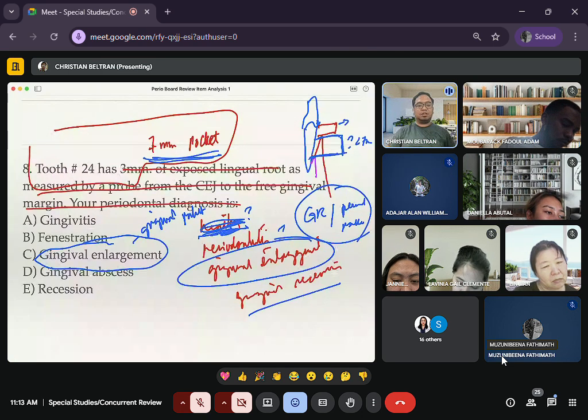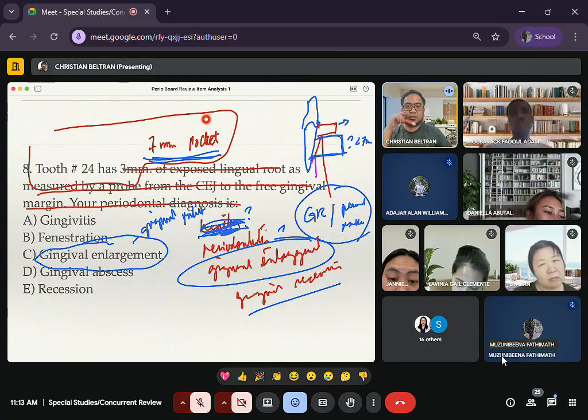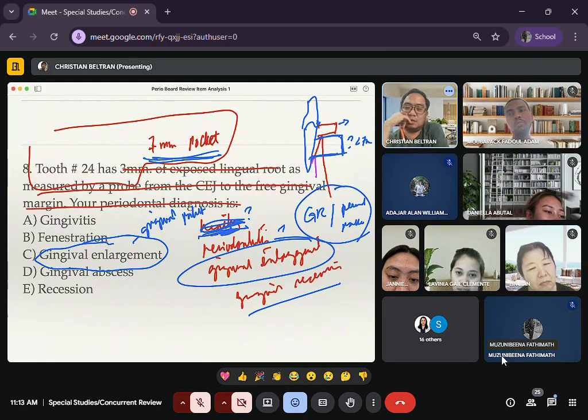But if it's only a gingival pocket due to certain medications, then that's a false pocket, pseudo pocket, gingival pocket. You manage it through gingivectomy. You excise the gingiva. So even though you performed oral prophylaxis on the area, it would not resolve on its own.